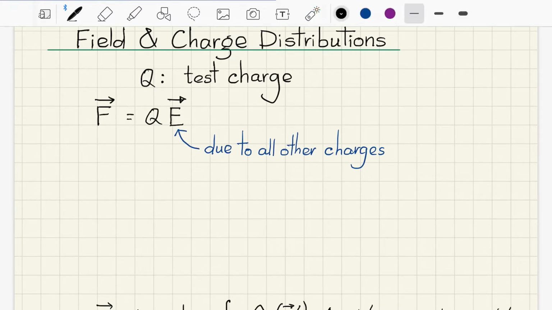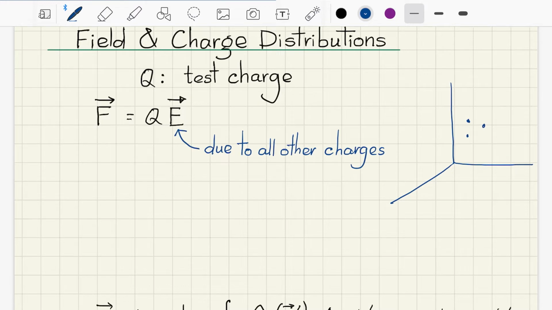So let's see, if I want to do all of the charges, and to start with, let's say they are discrete. For example, let's say this is my origin, and there are a bunch of charges.